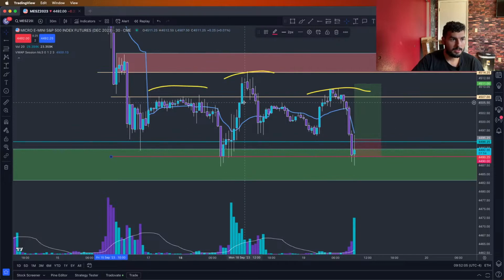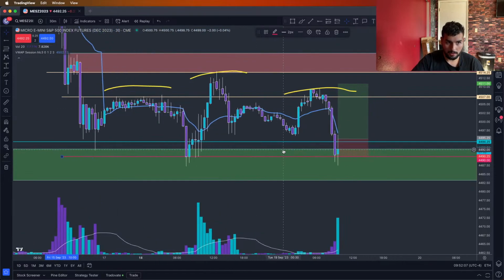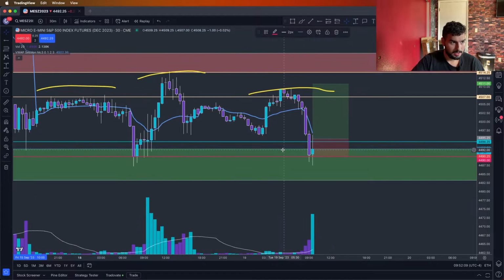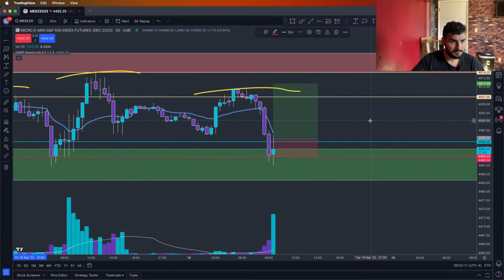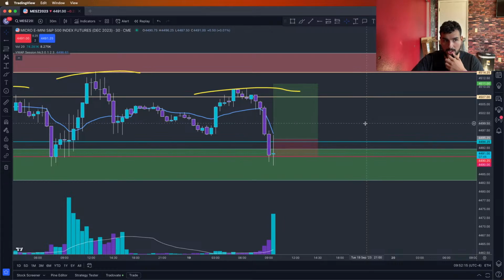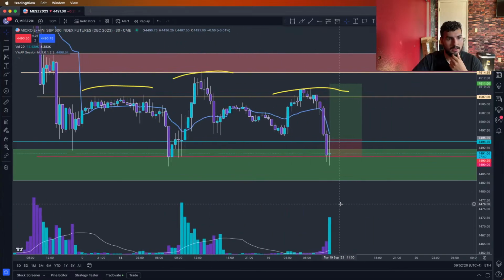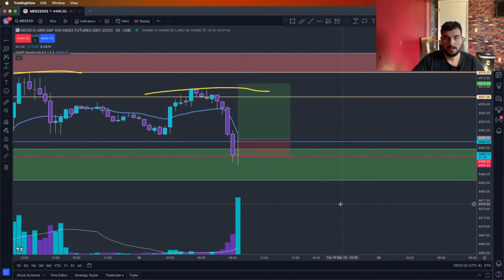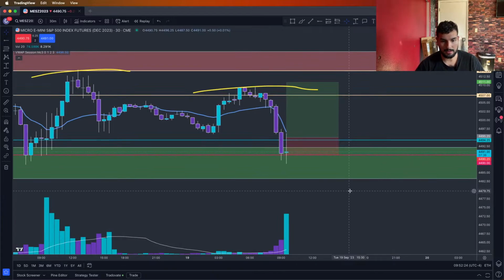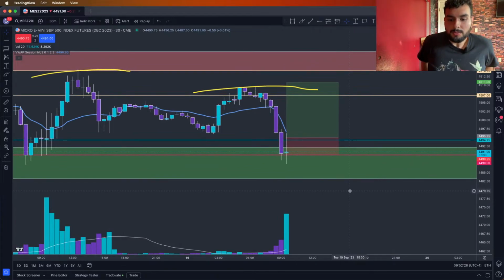The open right here. It's a macro level right there. Still seeing defense. We need sellers to break through this area. This is the 30-minute chart.